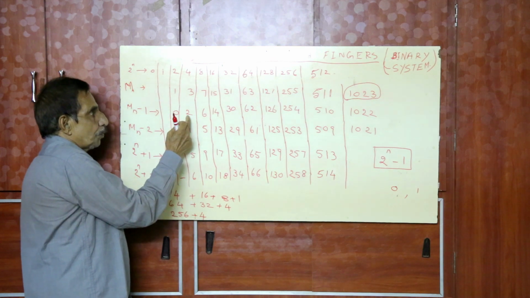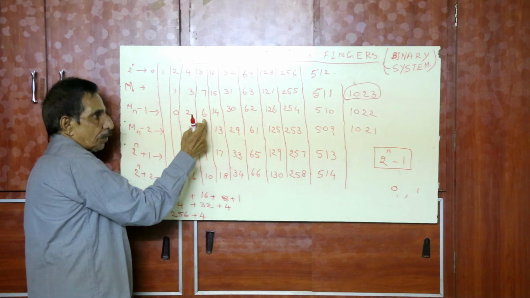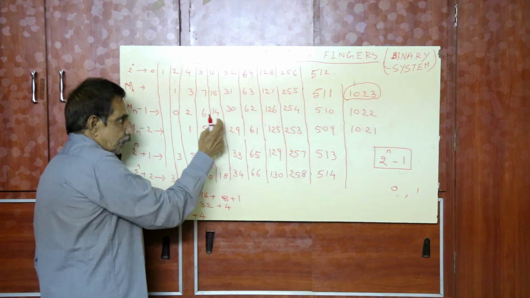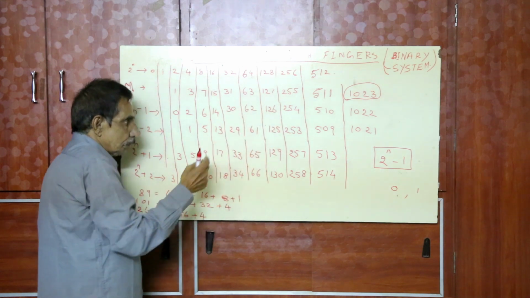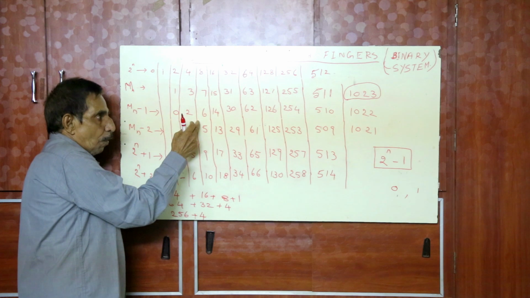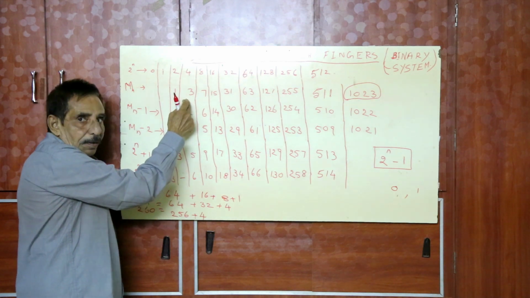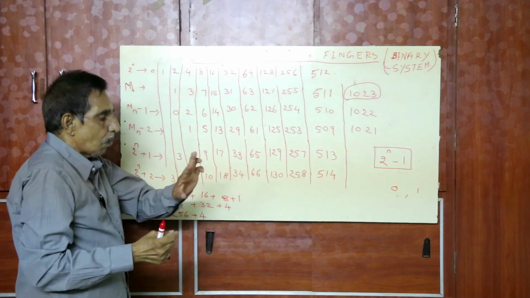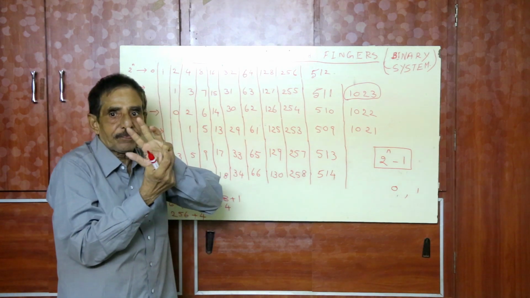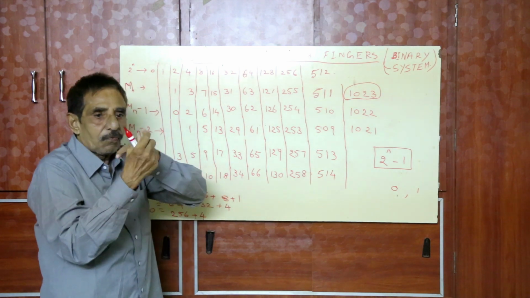The third row numbers are 1 less than Mersenne numbers. That means 2 is 1 less than 3, 6 is 1 less than 7, etc. So, to represent these numbers, you open fingers for these Mersenne numbers and fold this finger which represents 1.